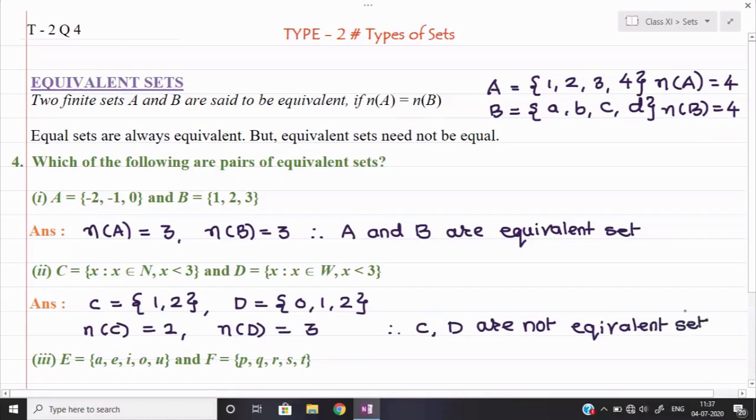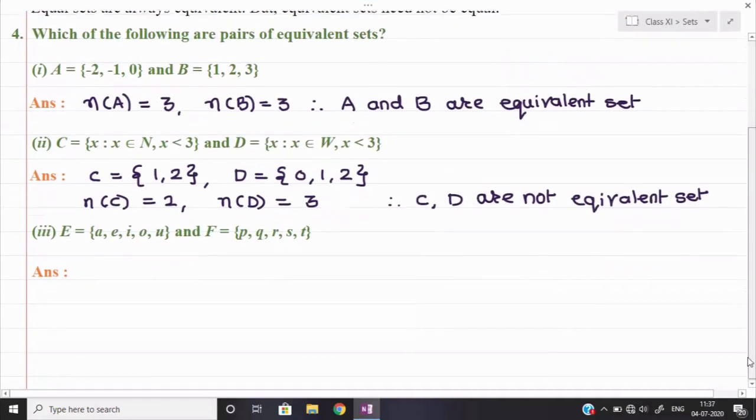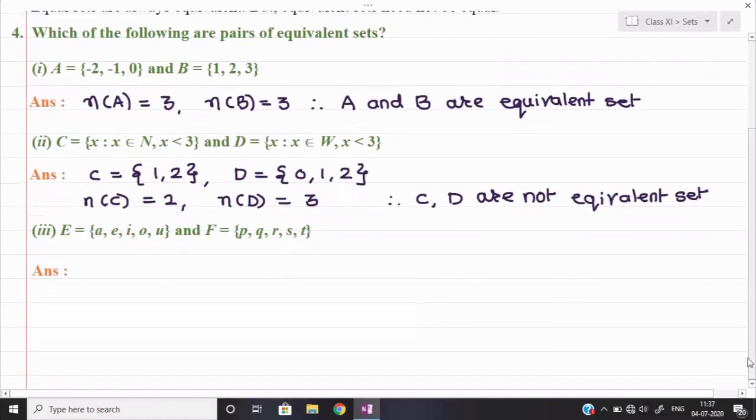Okay, now let us see the next part. In the next part, which is part number 3, the last part of this type, set E is given here: a, e, i, o, u, the set of vowels. Here the number of elements in set E will be equal to 5, and the number of elements in set F will also be 5 here.